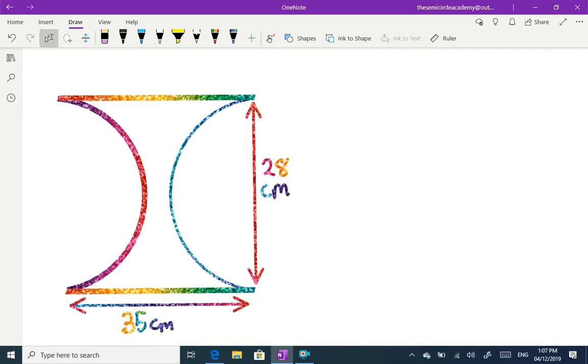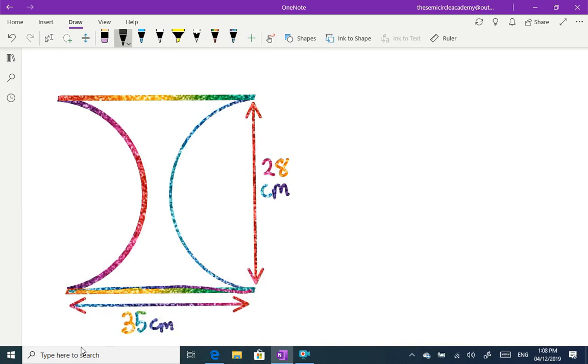Now the questions can actually get a bit complicated when it comes to perimeter. You can see that we have a compound shape here, and they gave us some information. The information they gave us is basically that this side over here is 35 centimeters. So this side is 35.